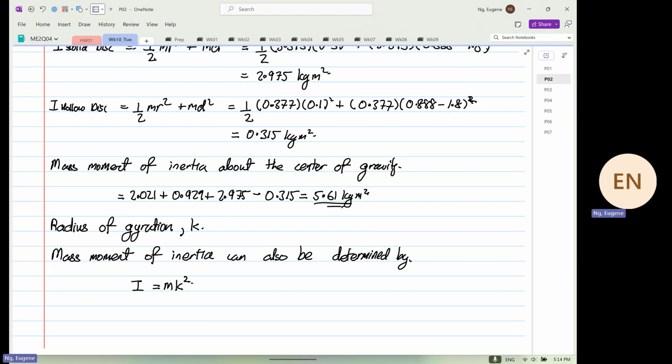Okay, where m is the mass, k is the radius of gyration.